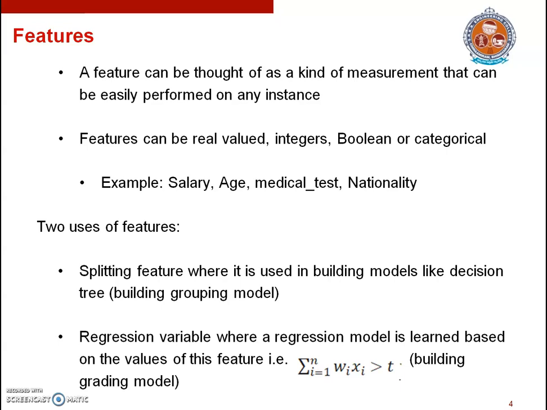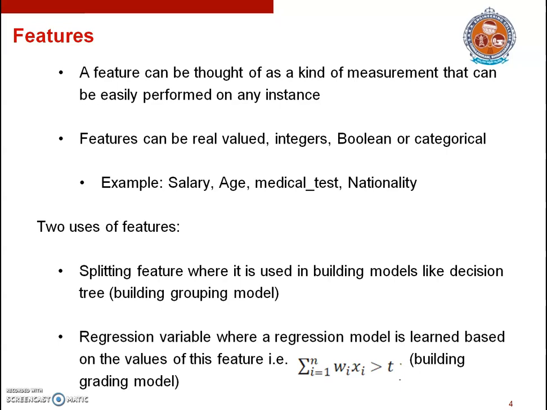Then g of x represents a four-way split of the instance space. As we have already seen, such splits can be combined in a feature tree from which a model can be built. The second use of feature is in building grading models like linear classifier.